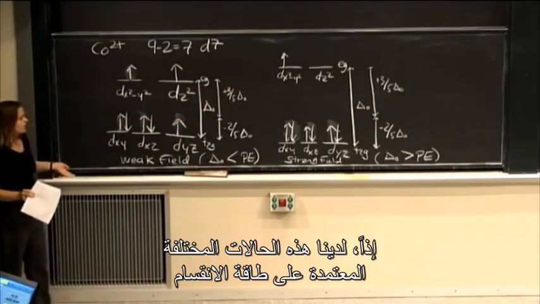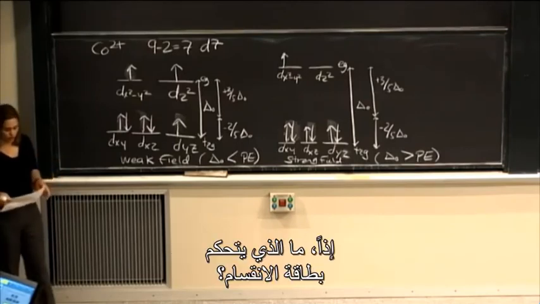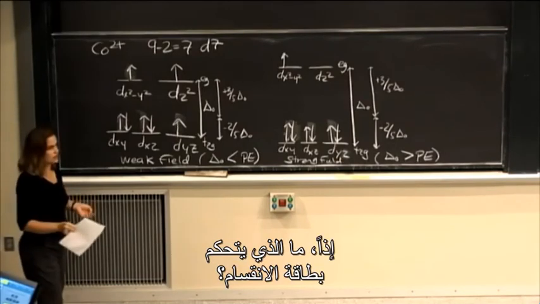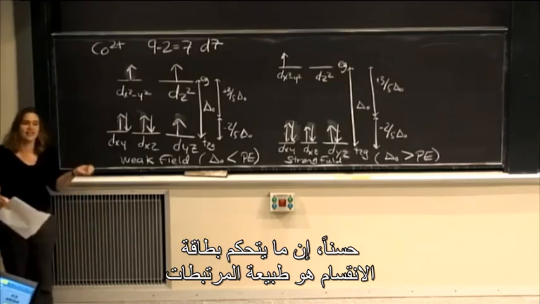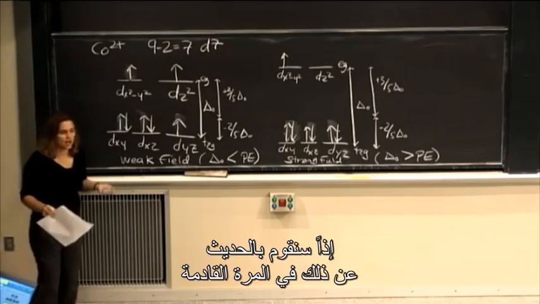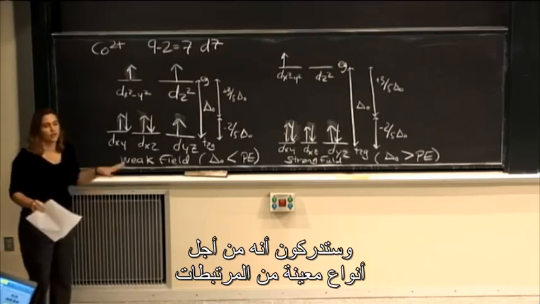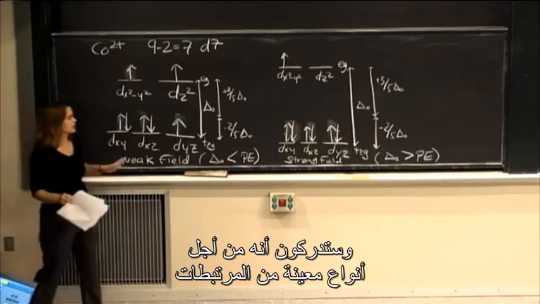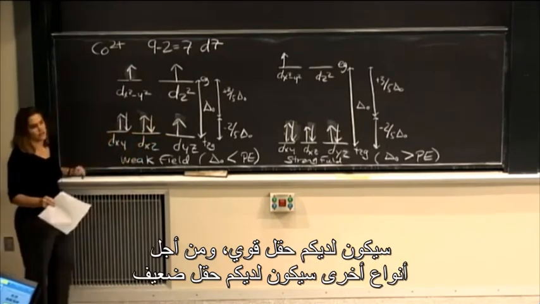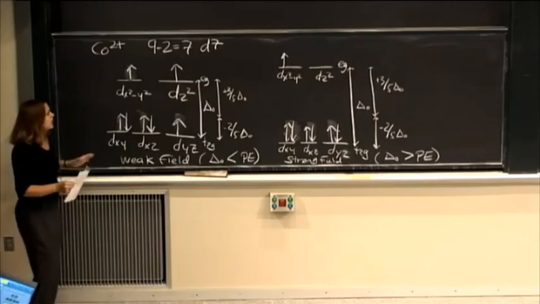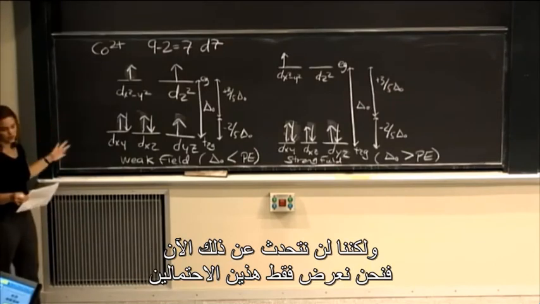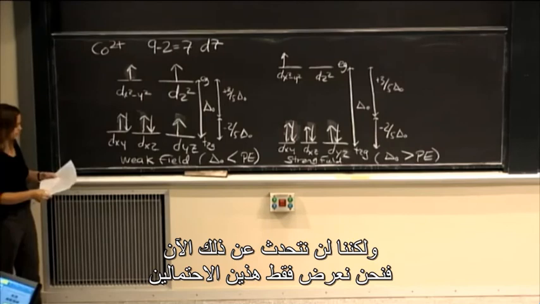So we have these very different cases depending on the splitting energy. So what controls the splitting energy? Well, what controls the splitting energy is the nature of the ligands. We're going to be talking about that next time, and you'll recognize for certain kinds of ligands you're going to have a strong field, and other kinds you'll have a weak field. But right now we're not talking about that. We're just showing those two possibilities.